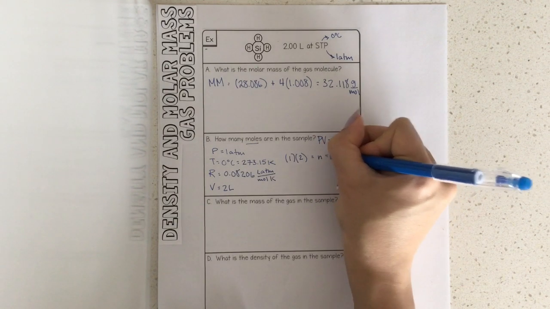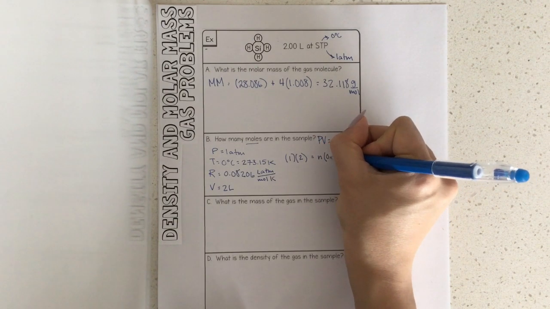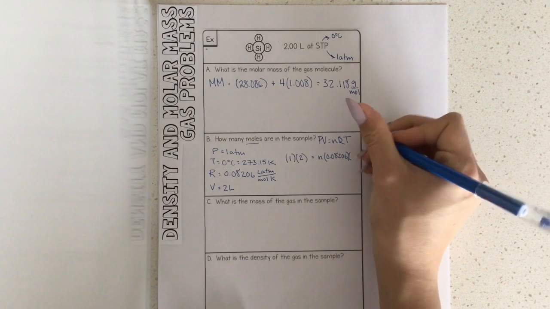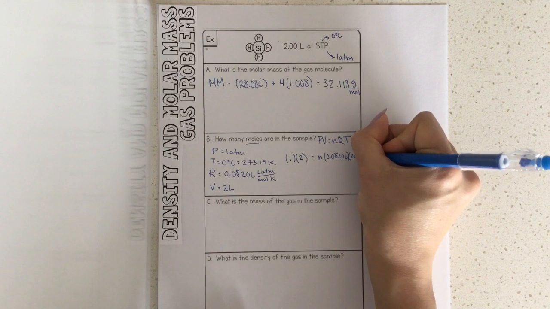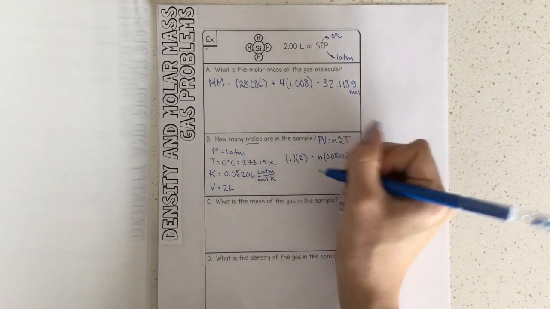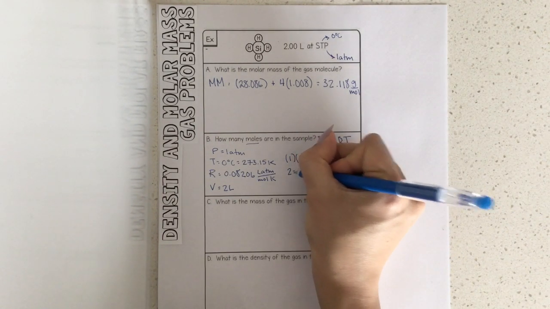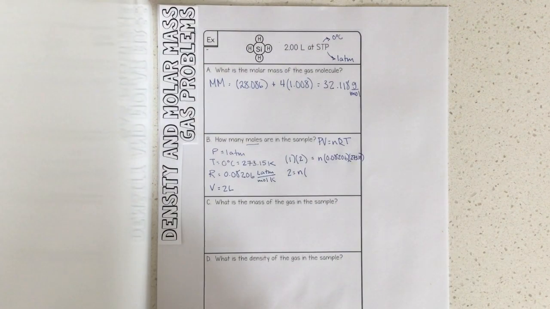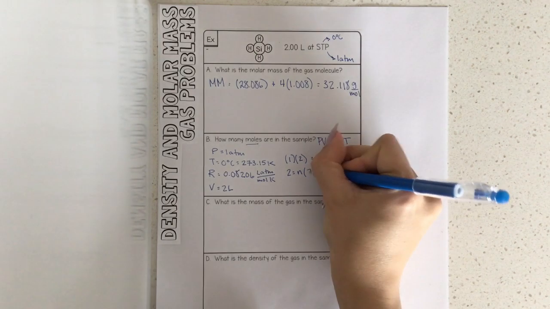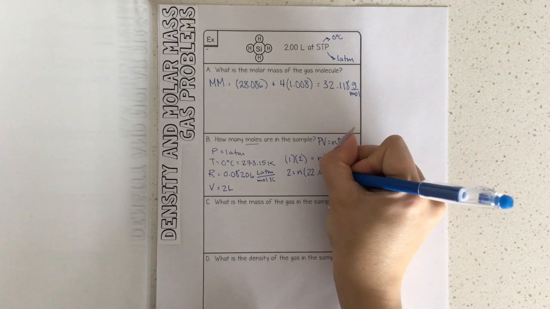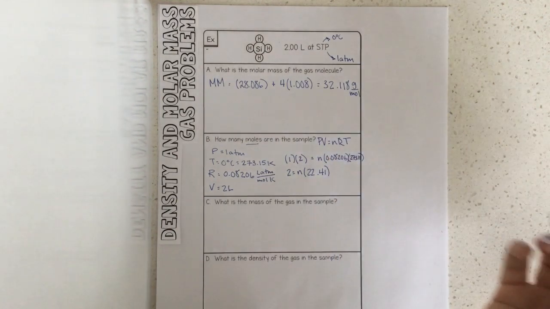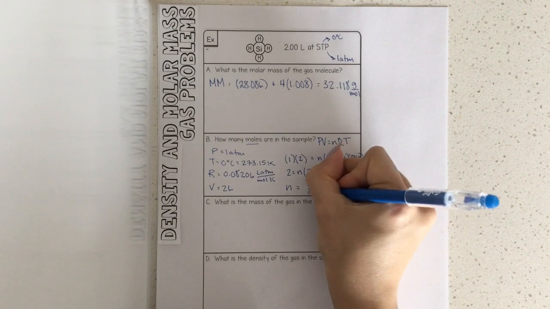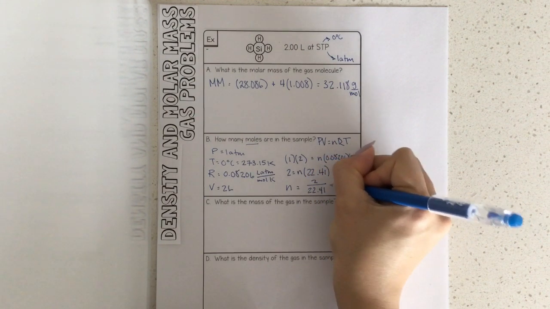N is what we're interested in. Running out of room. So 2 equals N times a number, R times our temperature. So N is equal to 2 divided by 22.41.